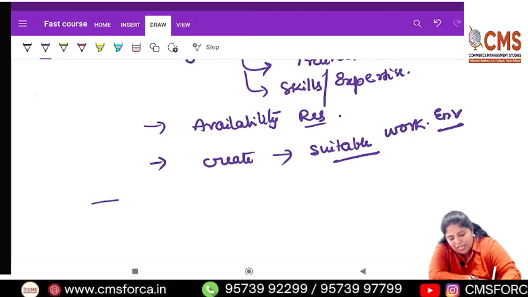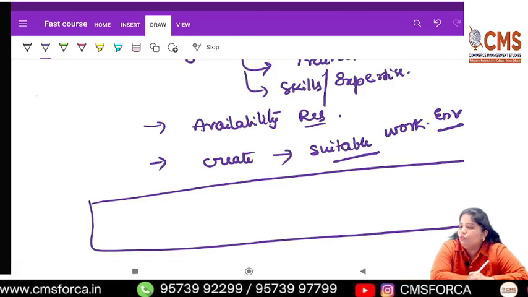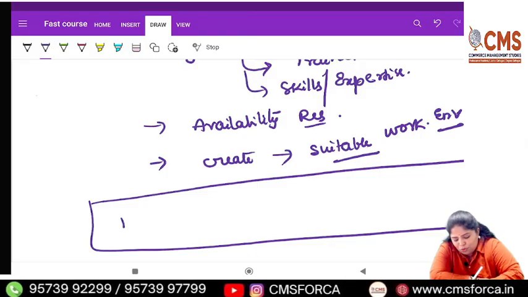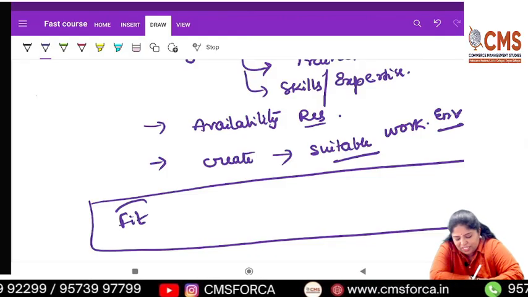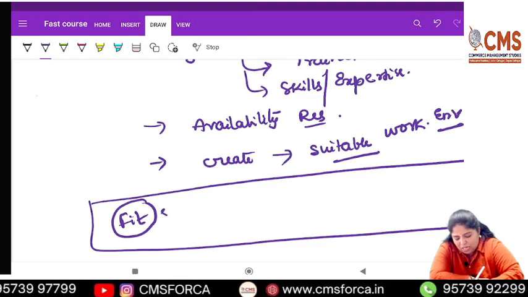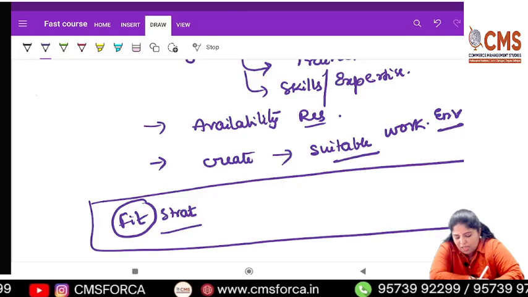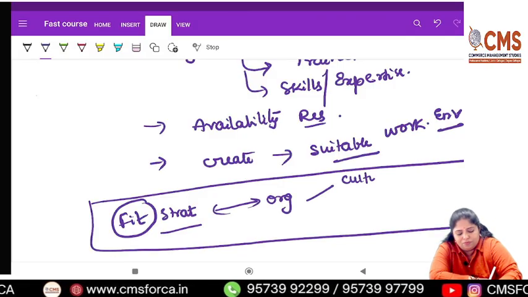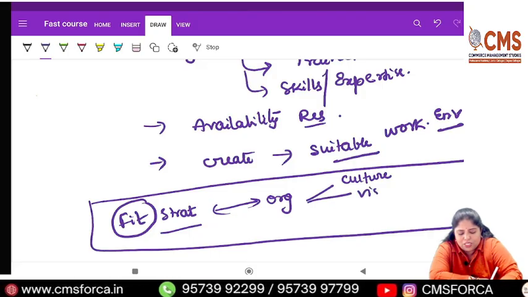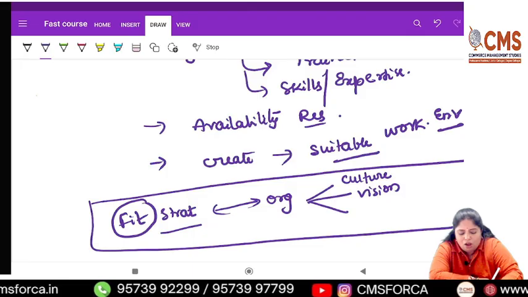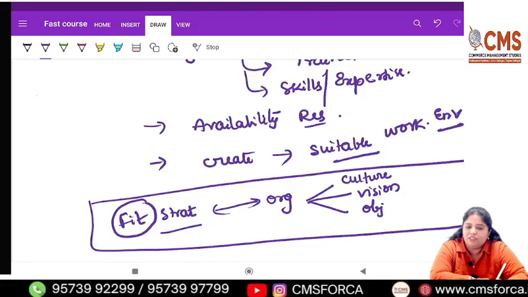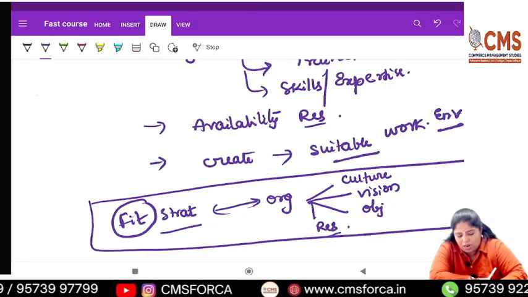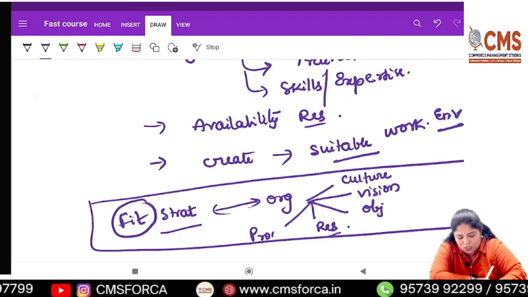And this is a very key point. Please make sure you mention this on a mandatory basis. We have to ensure proper fit between your strategy and the organization's culture, organization's vision, organization's objectives, organization's resources, and organization's processes.